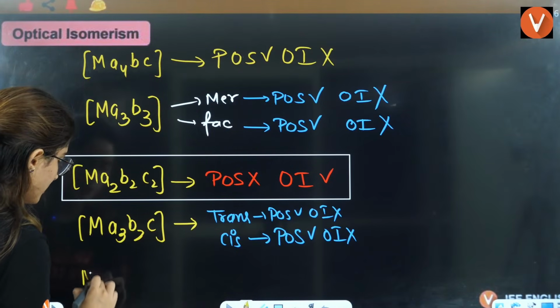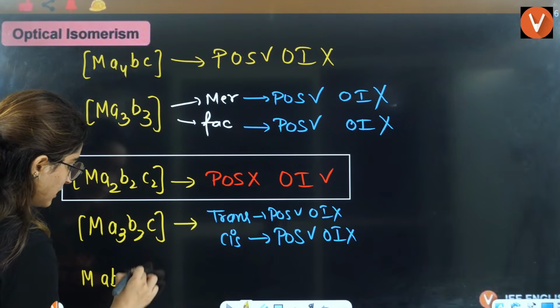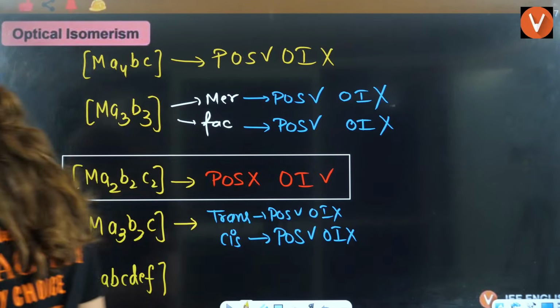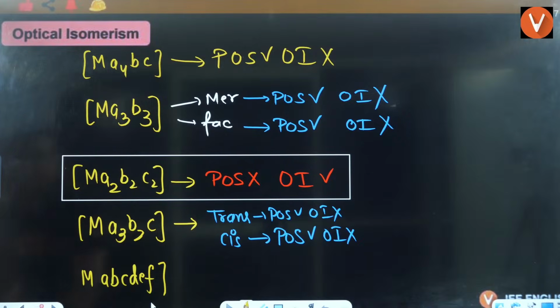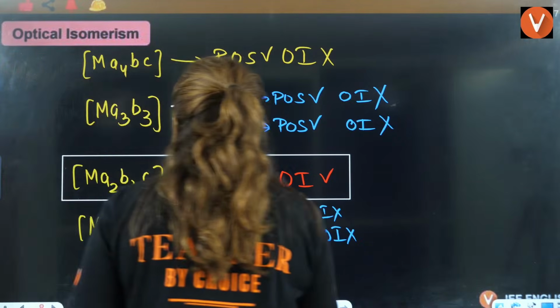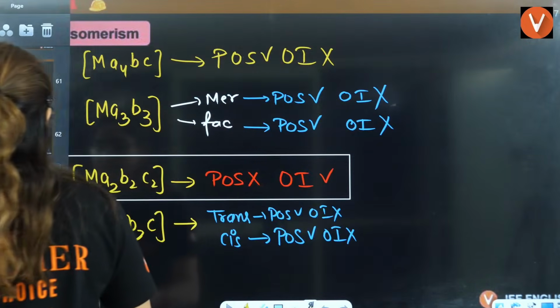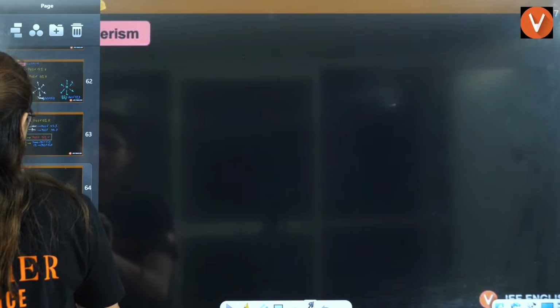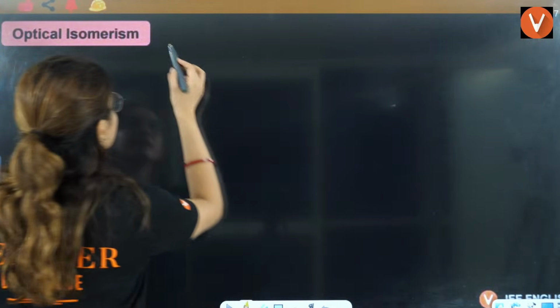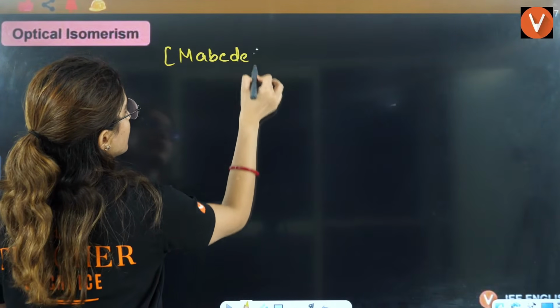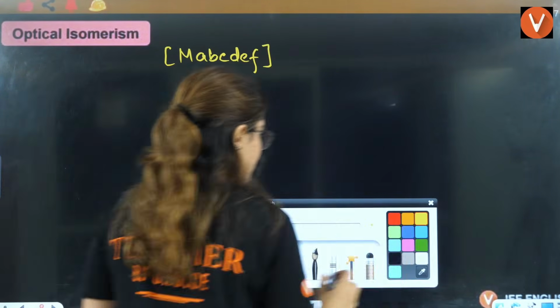Okay, now let's do the last one, A, B, C, D, E, F. This one is actually very important, so I would rather write it on the next page. Do you remember I gave you this, how many geometrical isomers it was having? A, B, C, D, E, F. How many of you remember?